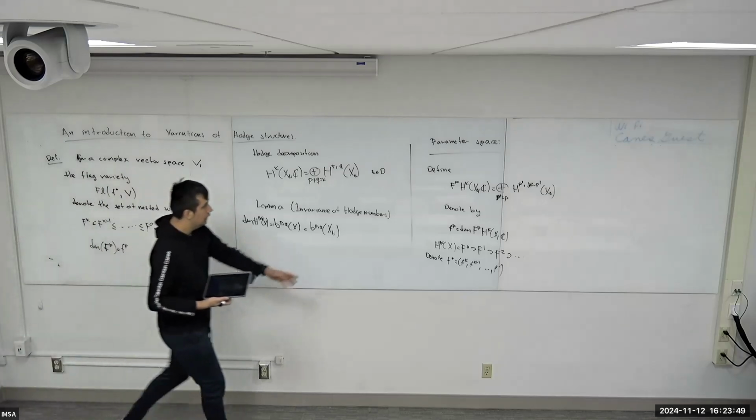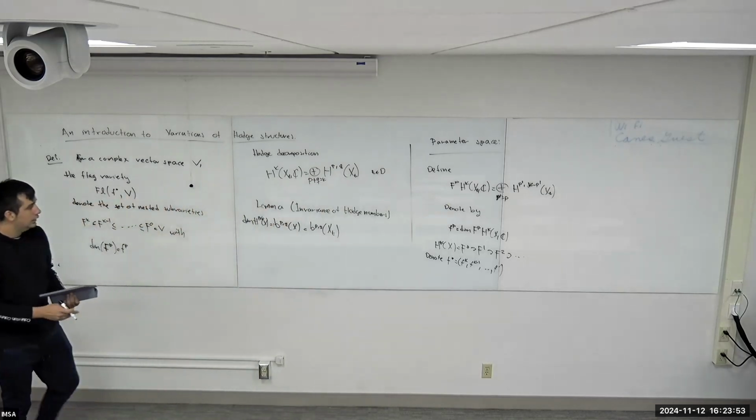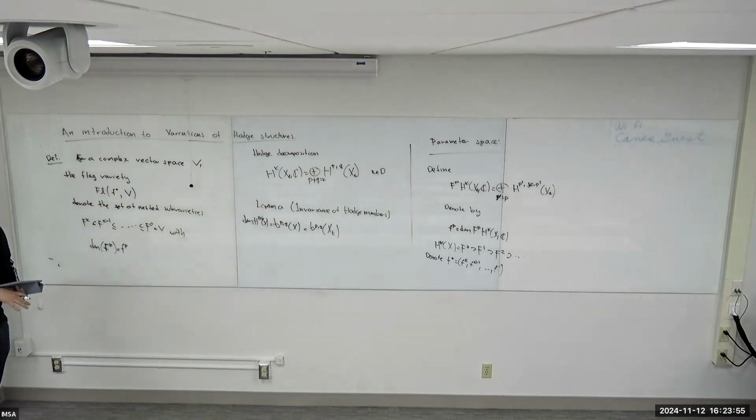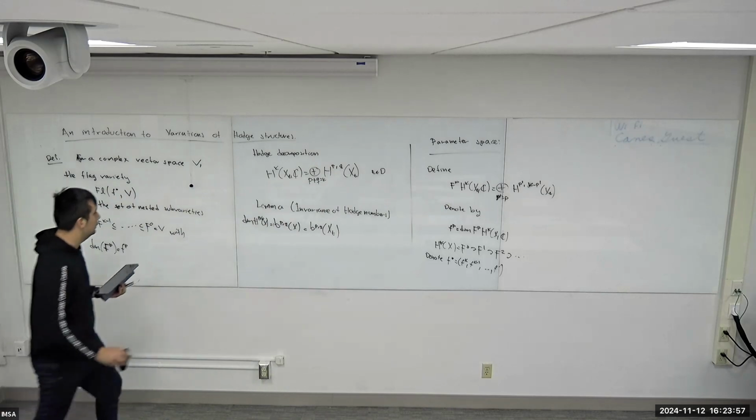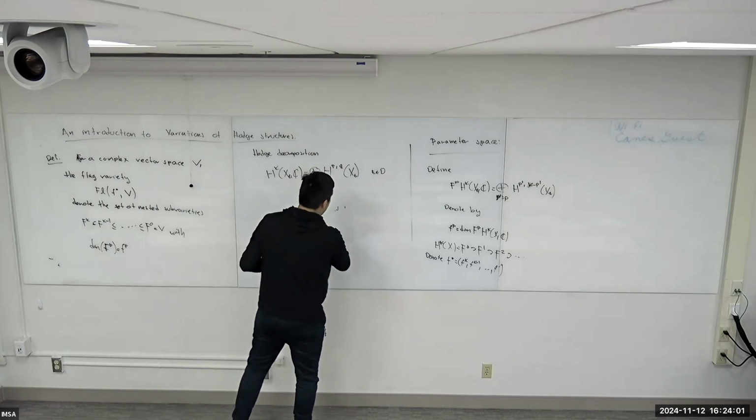So an example is of course given by a family of these varieties that I'm constructing now. A whole space like that will turn out to be a complex variety.